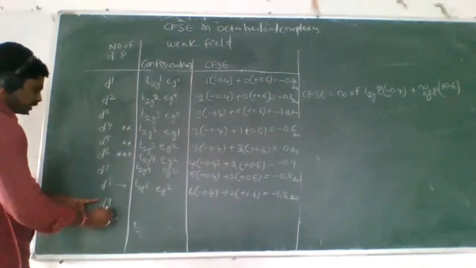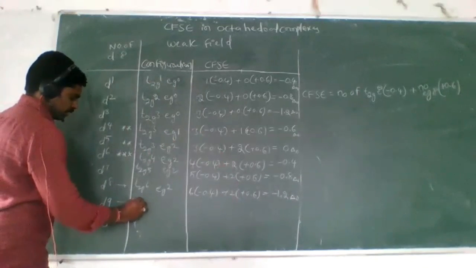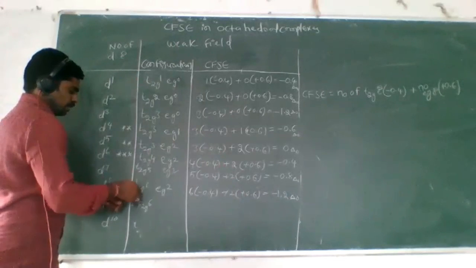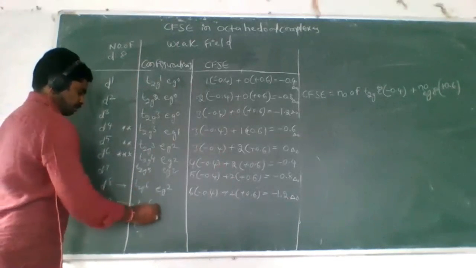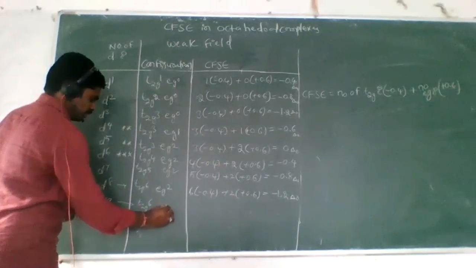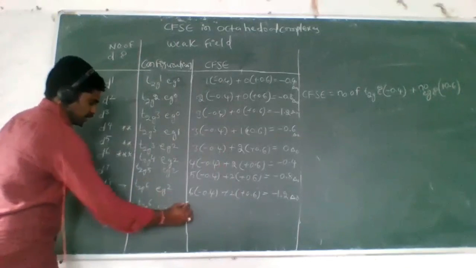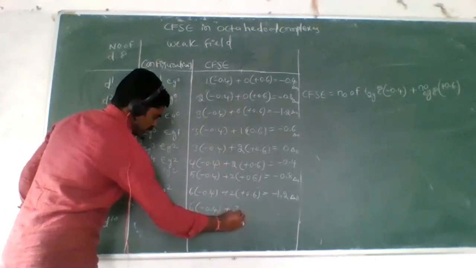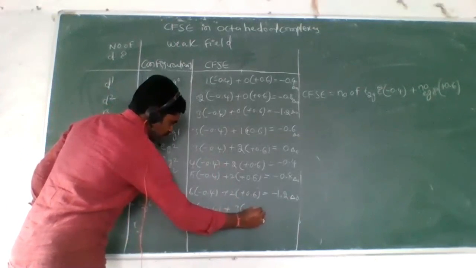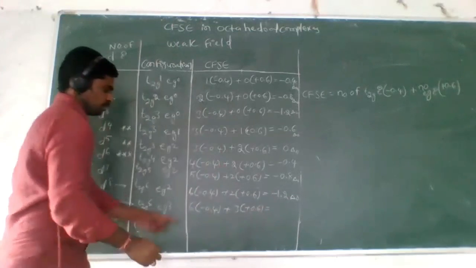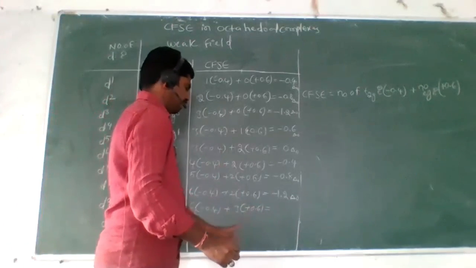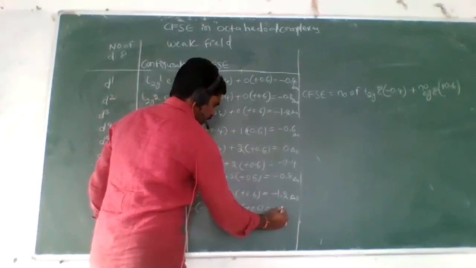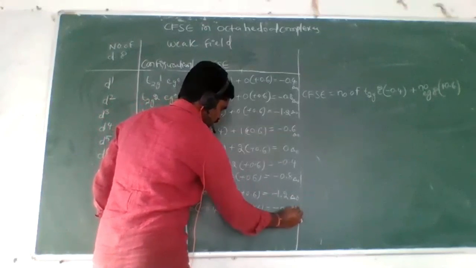Next one, d9. t2g6 is fully filled, 6 electrons in the three orbitals. Now eg3. 6 into minus 0.4 plus 3 into plus 0.6, what do you get? 24 minus 18, what is that? 6 now, so minus 0.6 delta naught.